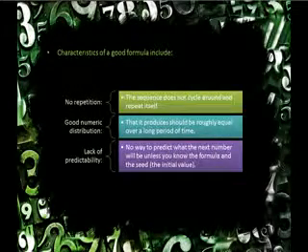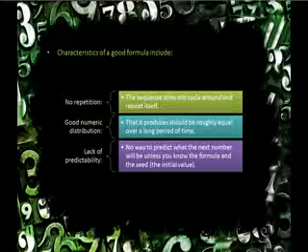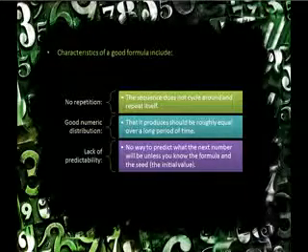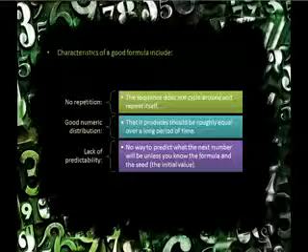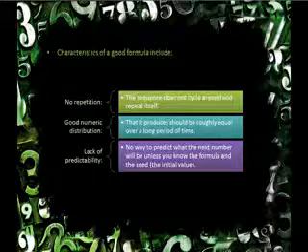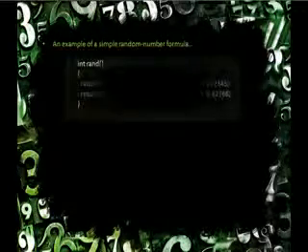Good numeric distribution: if the formula is producing random numbers between 0 and 9, the numbers of zeros, ones, twos, etc. that it produces should be roughly equal over a long period of time. Lack of predictability: you have no way to predict what the next number will be unless you know the formula and the seed, the initial value. Here's an example of a simple random number generator.